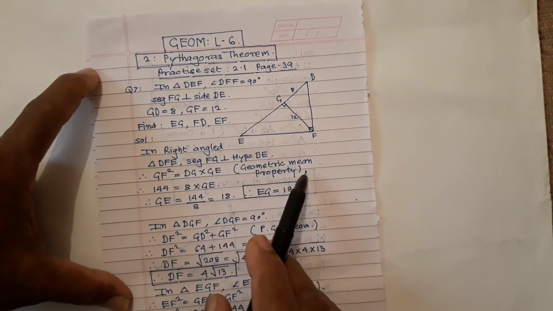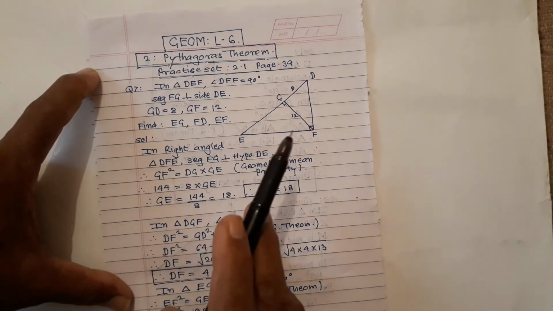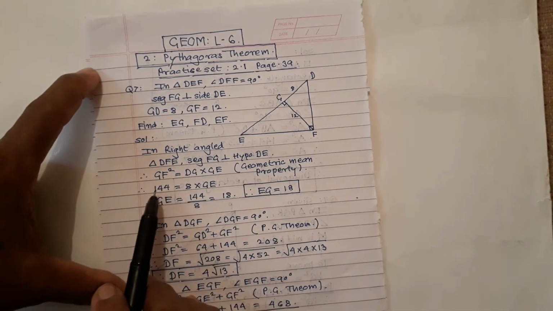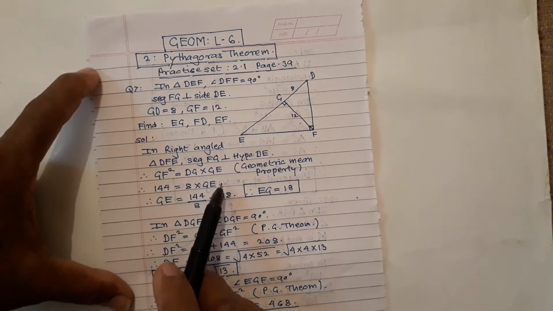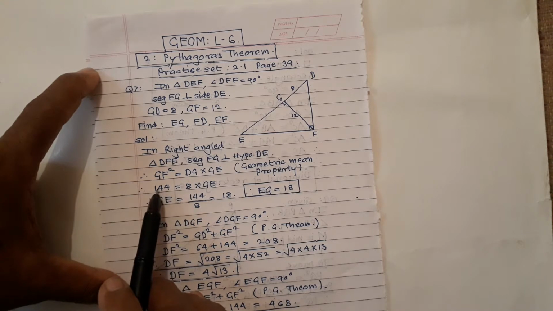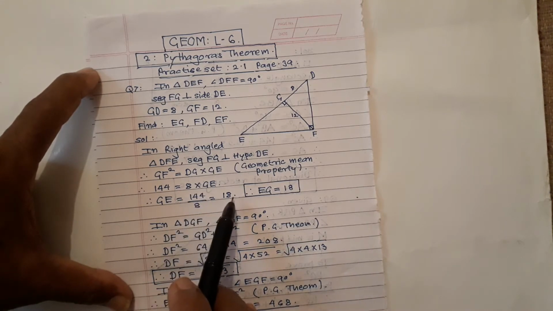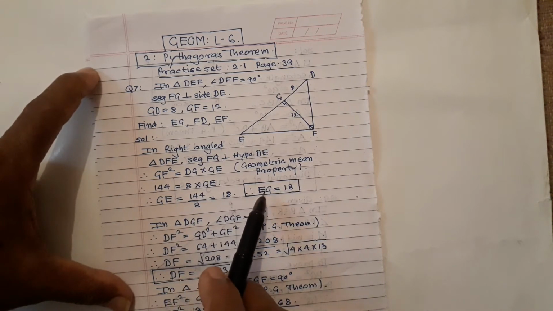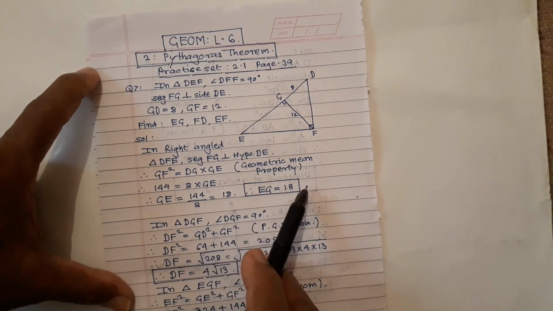Then you substitute your values. GF is equal to 12, 12 square is 144, so 144 is equal to 8 into GE, and therefore GE is equal to 144 upon 8, and if you simplify this you will get 18. Hence GE, or EG, is equal to 18.